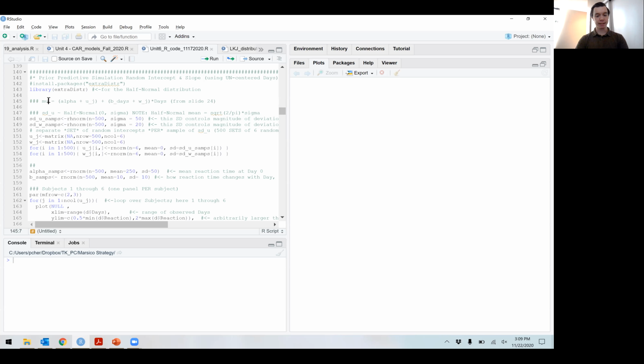This is, to be clear, mu ij, ith day, jth subject. We're going to draw our 500 different realizations from a half normal distribution. This library is needed for the half normal distribution. And this first line is exactly as we saw last time. When I draw this, here is the prior.